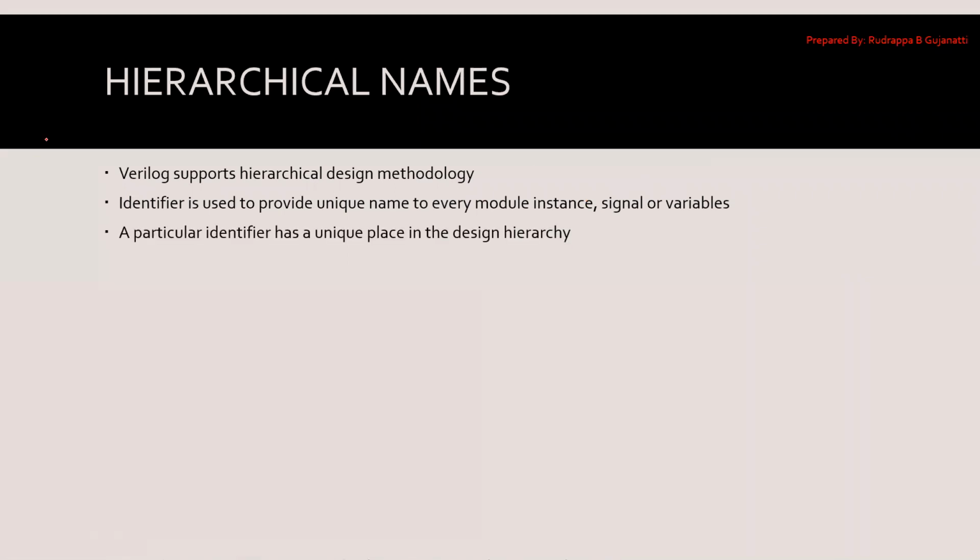So how are these identifiers actually linked with the hierarchy? If I want that information, I can use the stimulus information to get the hierarchical names. Whenever we have an identifier, for example, we had the top, and in the full adder, we had A, B, C, sum and C out.